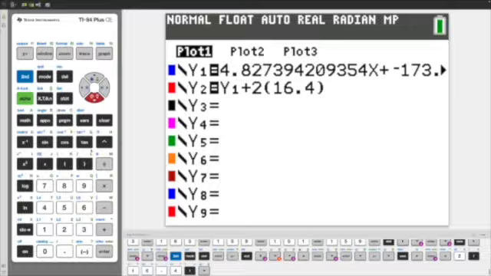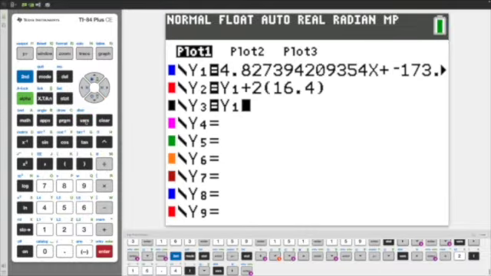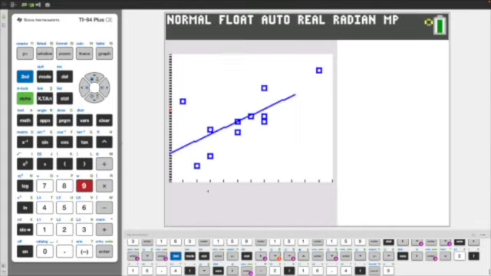I'm going to do the exact same thing in y3. The only difference is I'm going to do -2 times that standard deviation that we found with that linear regression t-test.